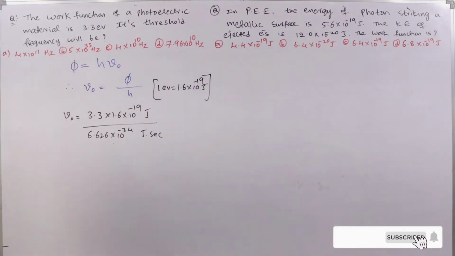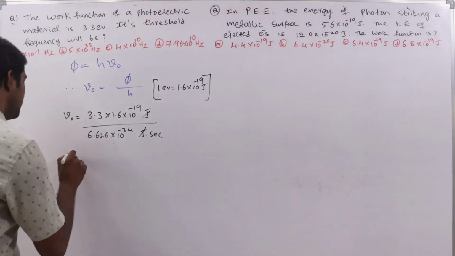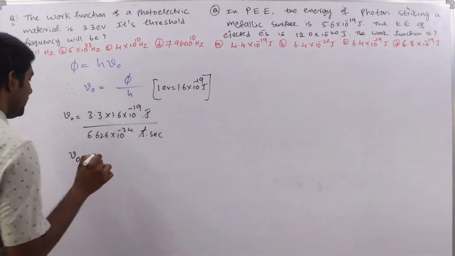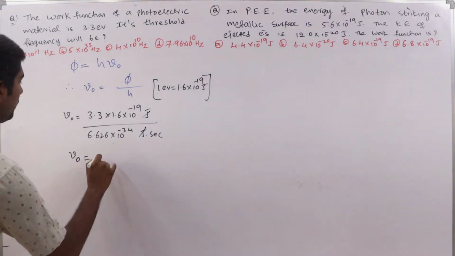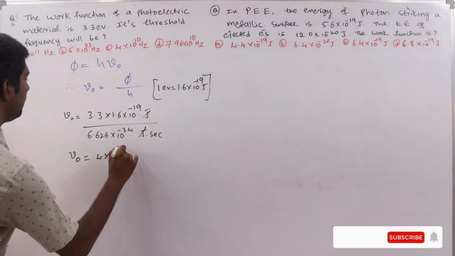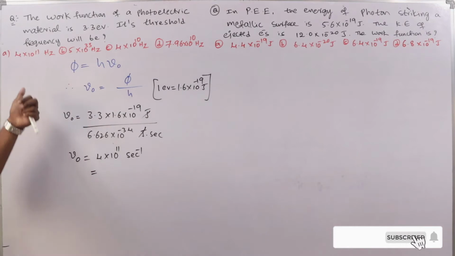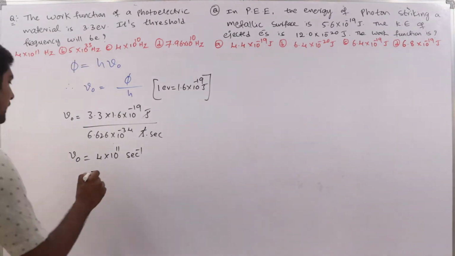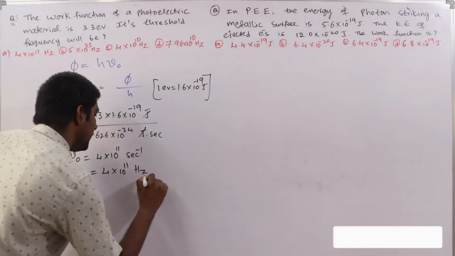The joule will get cancelled. So finally we get a threshold frequency nu naught equal to 4 into 10 power 11 second inverse, that is nothing but Hz. So that is equal to 4 into 10 power 11 Hz.